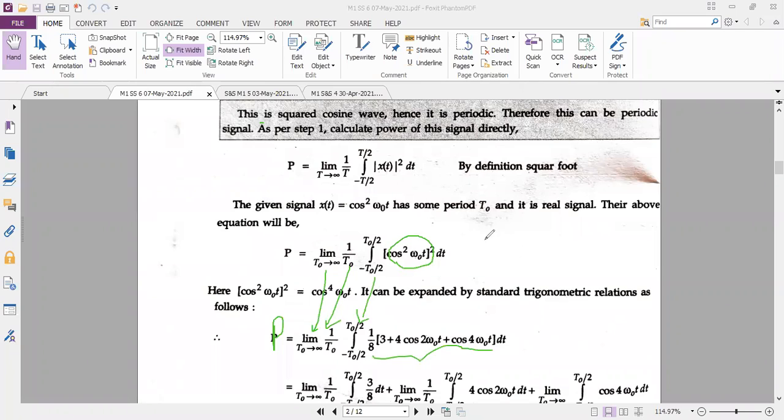So the formula I will write here: cos power 4 theta is equal to 1 by 8 into 3 plus 4 cos 2 theta plus cos 4 theta.